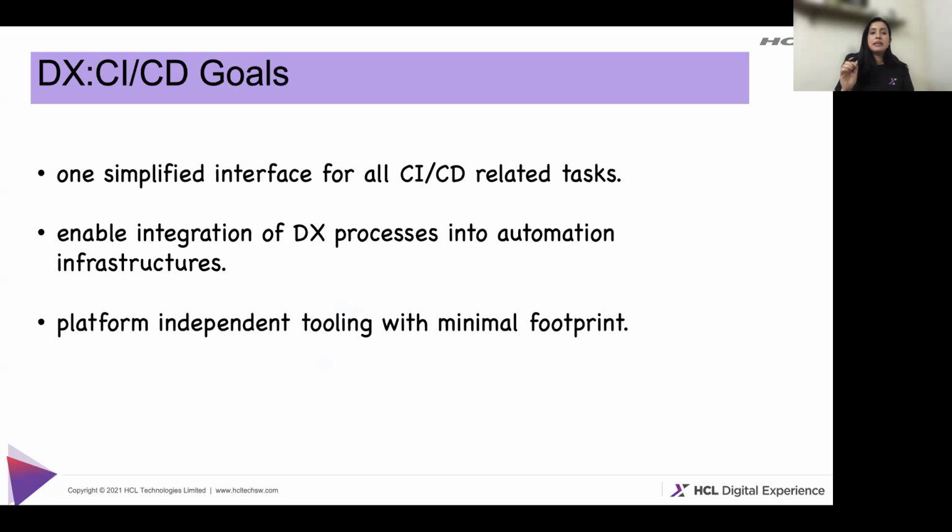Second, we should be able to integrate the DX processes into any automation infrastructure, be it Jenkins, Travis, whatever is your choice. Third, it should be platform independent, because DX runs on so many different systems, be it Linux, Mac, Windows or a Kubernetes cluster. All of this should function with a minimal footprint and easy installation.